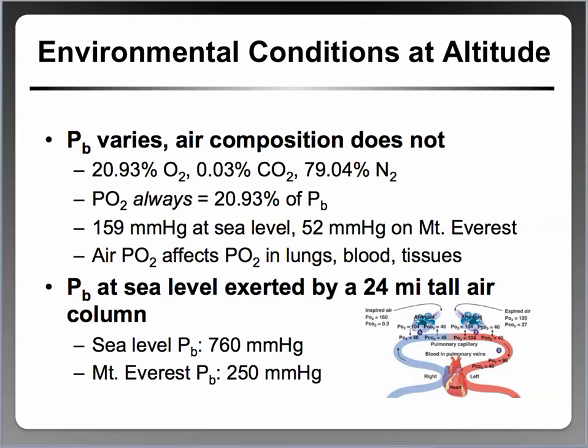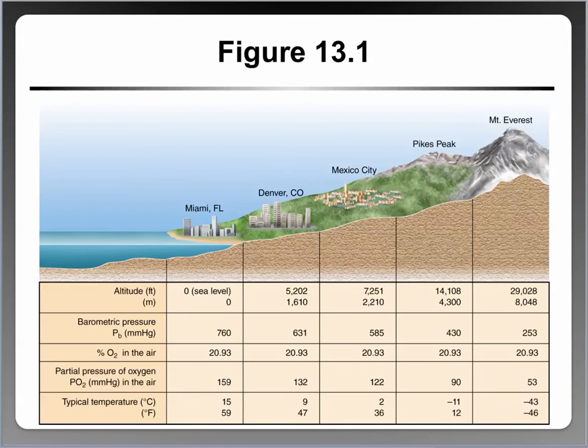So you've got a difference of about 55 millimeters of mercury, which is pretty good, and it drives air from the atmosphere into the alveoli, and then eventually into the lungs and the bloodstream. Now if we go back to this picture, we've got Denver, which is a little bit higher altitude than Miami, Florida.